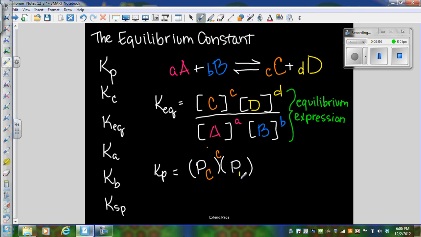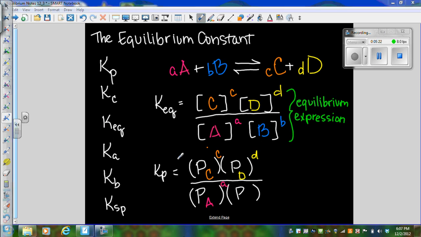So we'll have the pressure of D raised to the power D over the pressures of our gaseous reactants. So the pressure of reactant A raised to the A power times the pressure of reactant B raised to the B power. And this is still an equilibrium expression, but this is for pressures. So that's one of the things that you need to pay attention to as we do these.